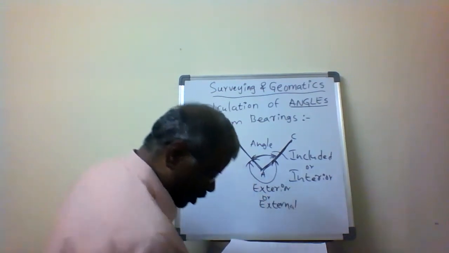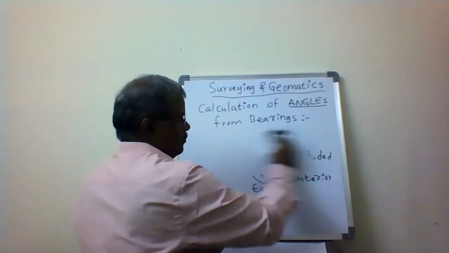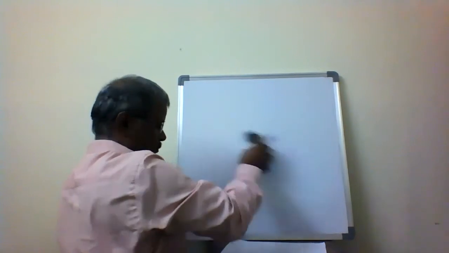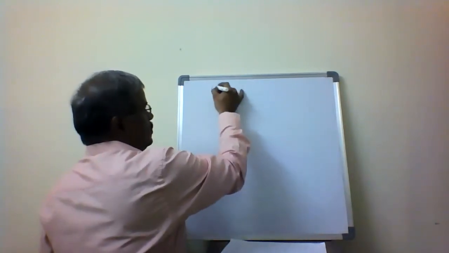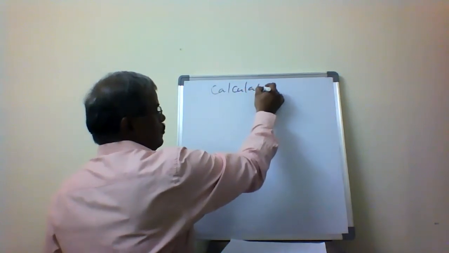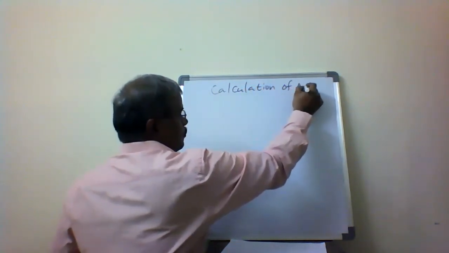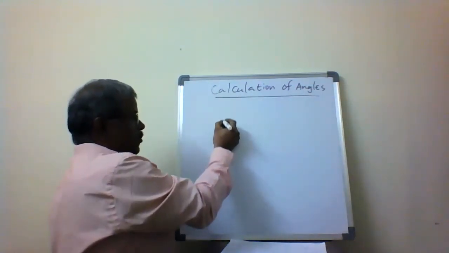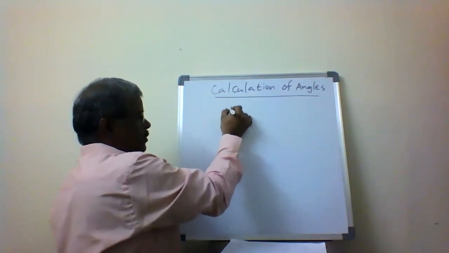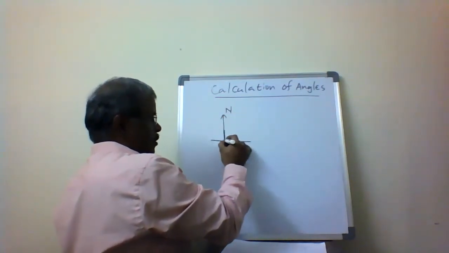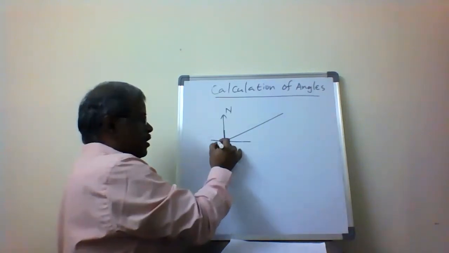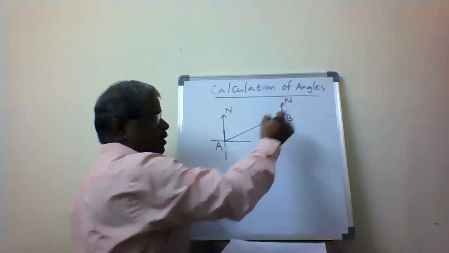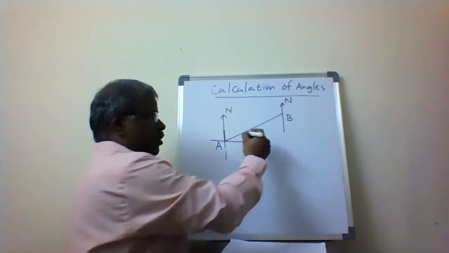Now we can see how we are going to do it. Calculation of angles. If this is the magnetic north, and this is A and this is B, then A to B is in the forward direction.